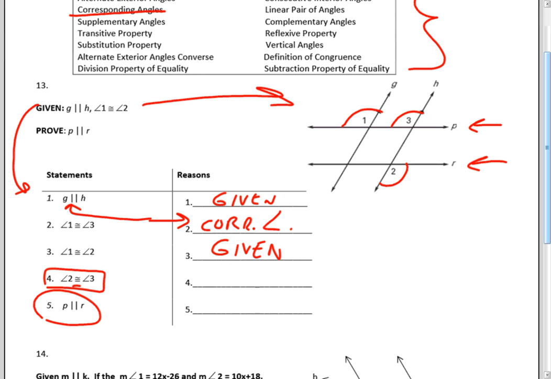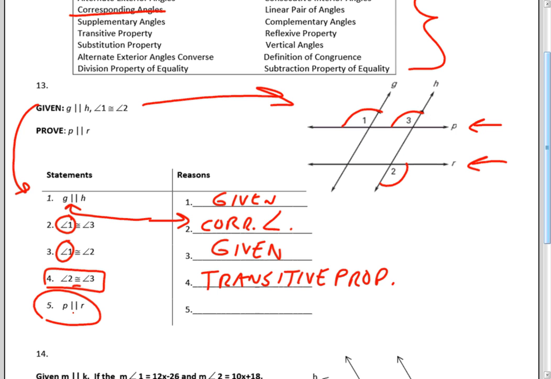Okay. Transitive property. If you write the word transitive, you should have a link. What's the link in this case? What's linking 3 and 2 together? Go back, see if you've got that. If you can't find that link, then you probably shouldn't be writing transitive property.